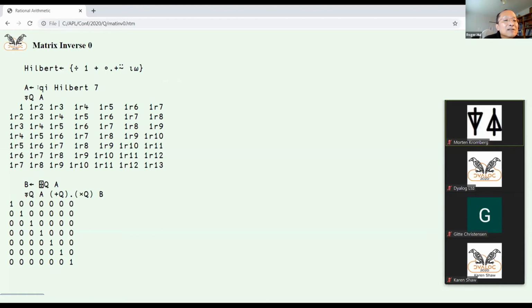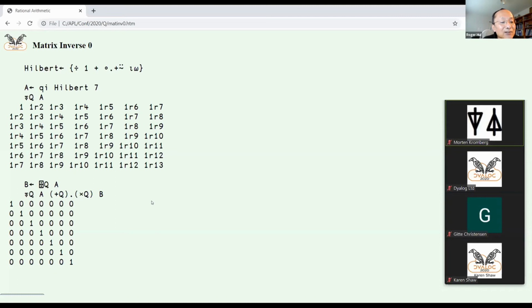So I've converted it to rational numbers. A is a rational matrix, and I apply matrix inverse to it. When I do A times the matrix inverse of A, using plus dot times, but working with rational numbers, I get the identity matrix.